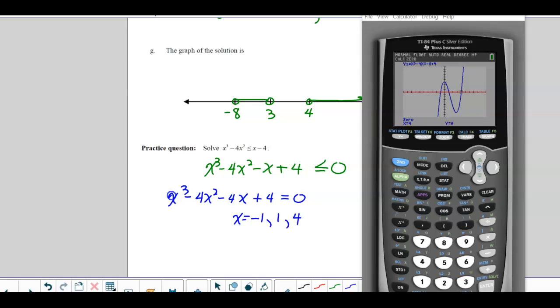But now it's an inequality. So we want to look for the intervals below the x-axis, including on the x-axis. So that's going to be, if we want to graph it on a number line, there's -1, 1, 4. That's not really to scale, but it doesn't have to be. -1, 1, and 4 would be here.